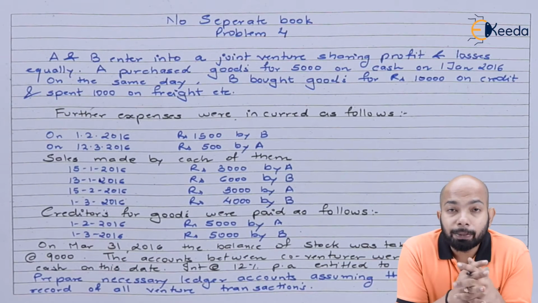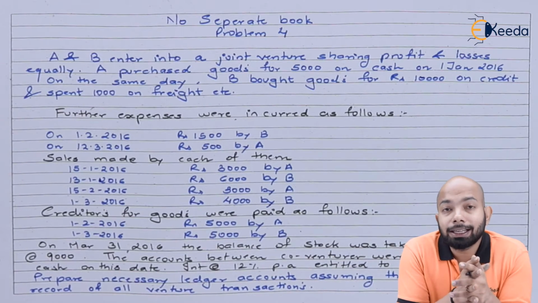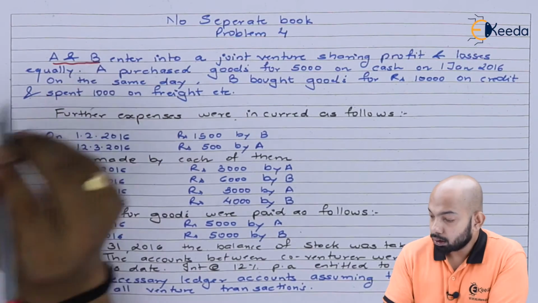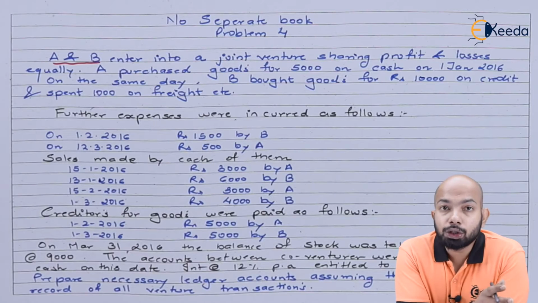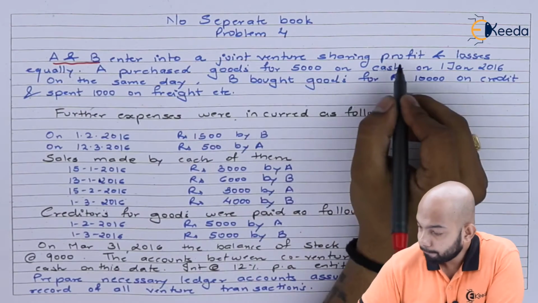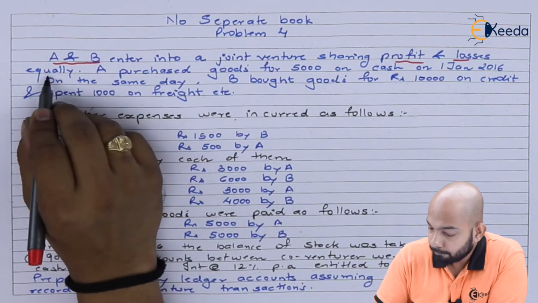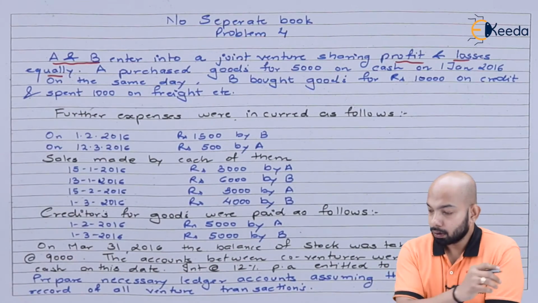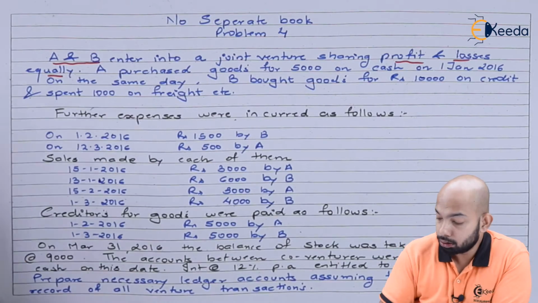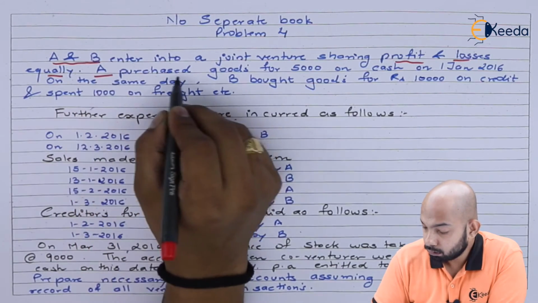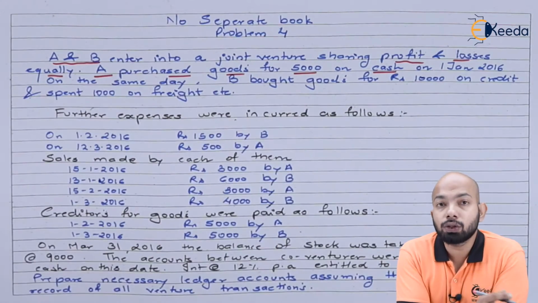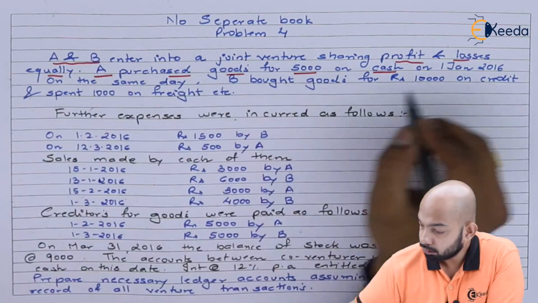So the illustration has been mentioned here. Let's read it out. The parties to the venture are A and B. A and B enter into a joint venture where they share profits and loss equally. A purchased goods worth rupees 5,000 on cash, and that happened on 1st of January 2016.